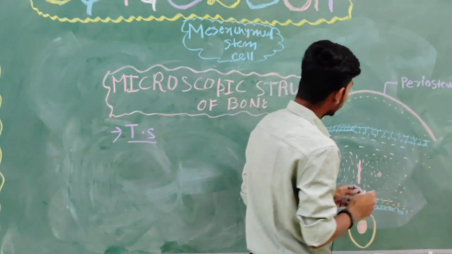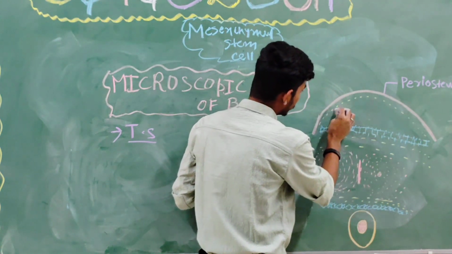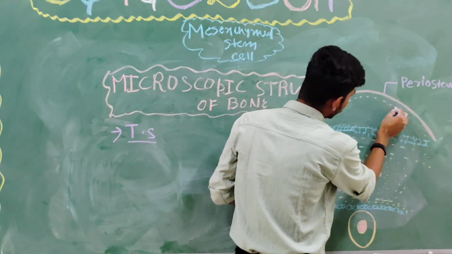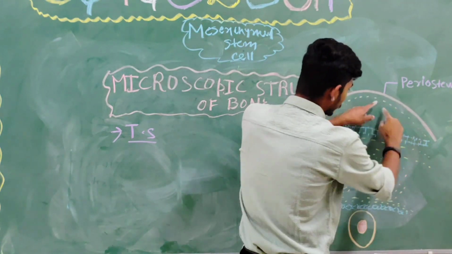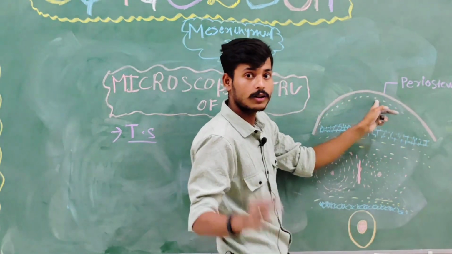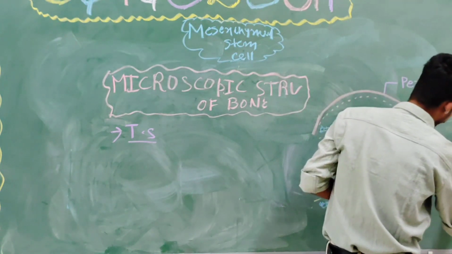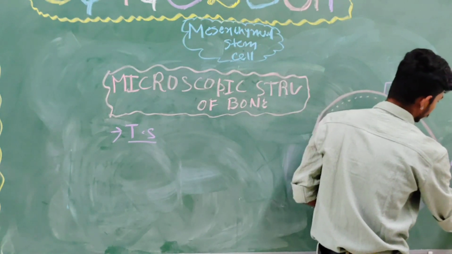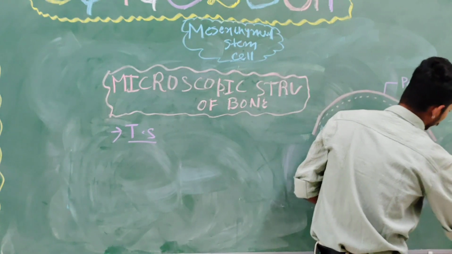Then you are seeing this concentric layer, not a continuous layer, it's a discontinuous layer, and these two layers, this one and these two ones, are called the lamellae of the bone.